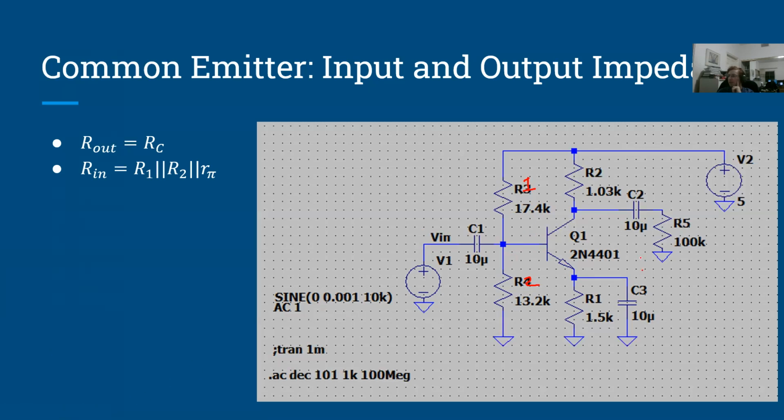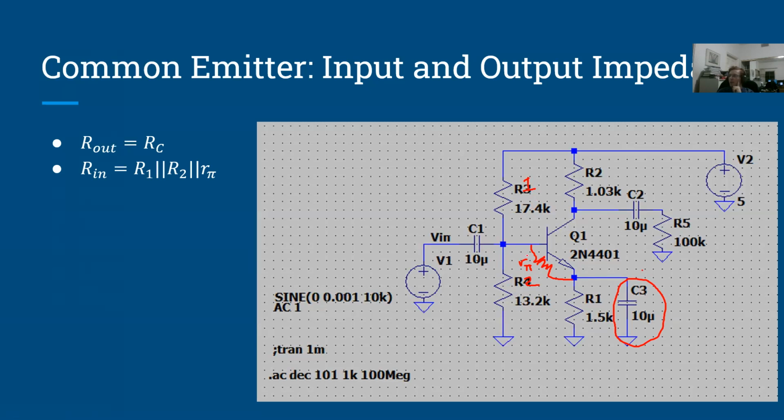There's an effective resistance between the base and the emitter, and that resistance is R pi. Remember, because the emitter is grounded at AC because of this C3 capacitor, the effective AC resistance looking into the base of the transistor is just R pi. So you have these 3 resistors in parallel, and that gets you Rin.